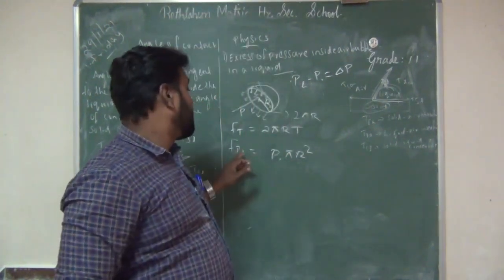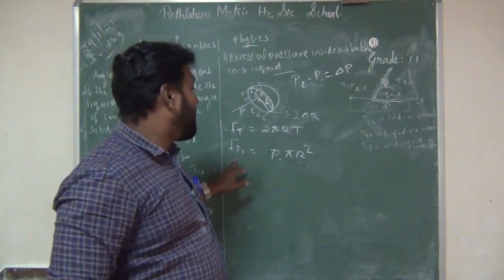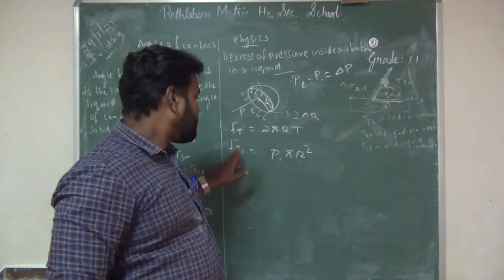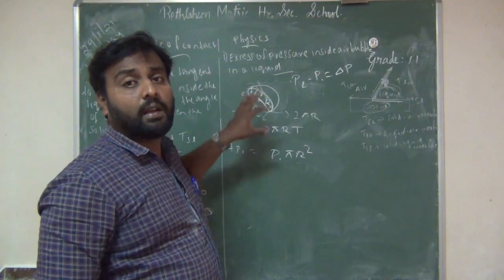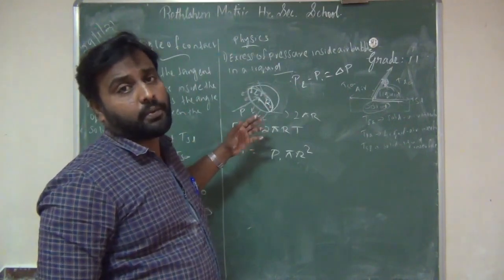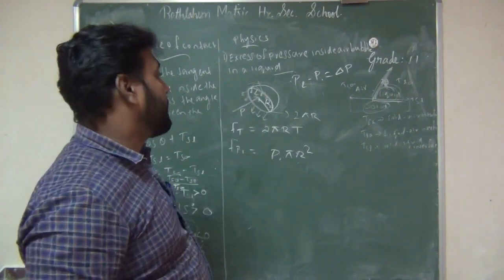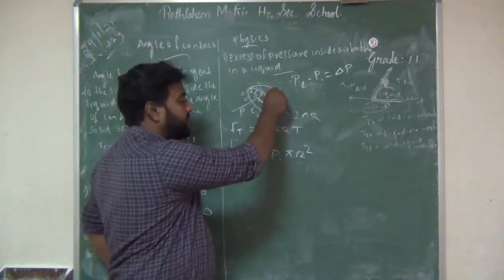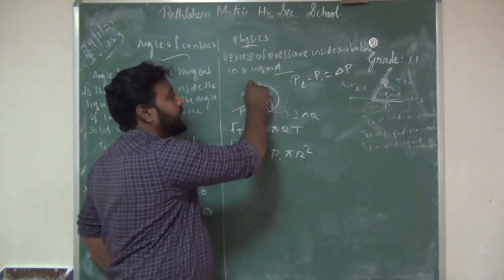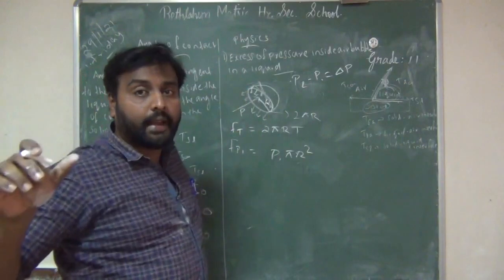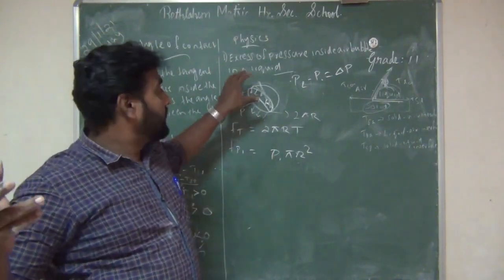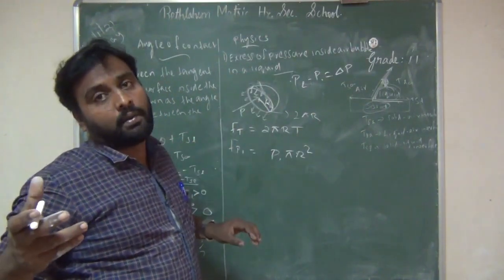So here some outside pressure is there, and that outside pressure is acting on this cross-sectional area. The area, we know, is pi r square.